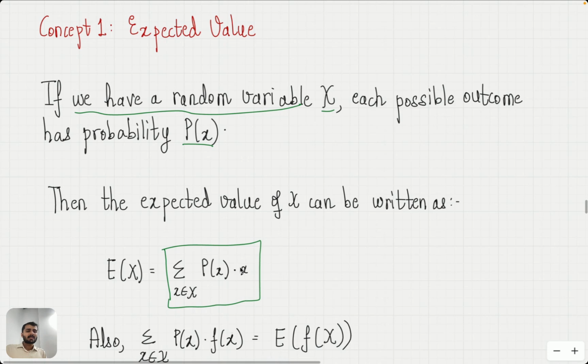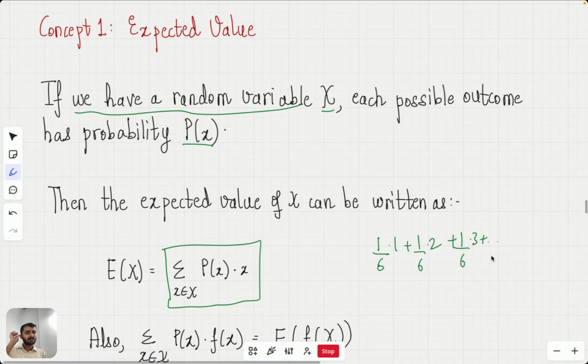Let's say I roll a dice and every single face value has a probability of 1/6. I ask you what is the expected value. You will say 1/6 into 1 plus 1/6 into 2 plus 1/6 into 3 plus so on, which is equal to 1/6 of 1 plus 2 plus 3 plus 4 plus 5 plus 6, which is 21 by 6, so the expected value is 3.5.